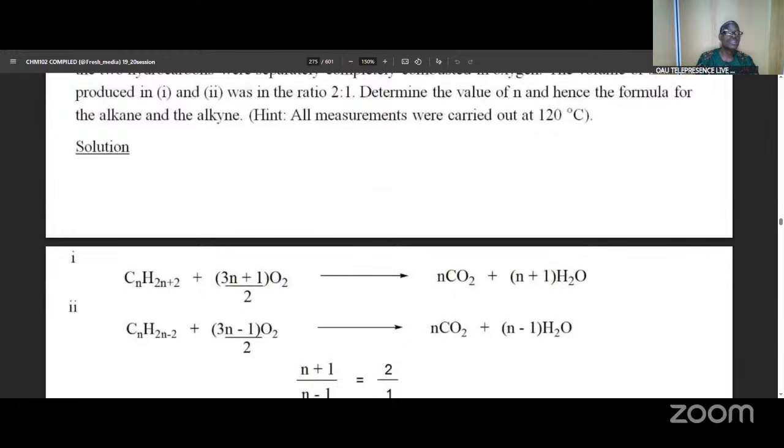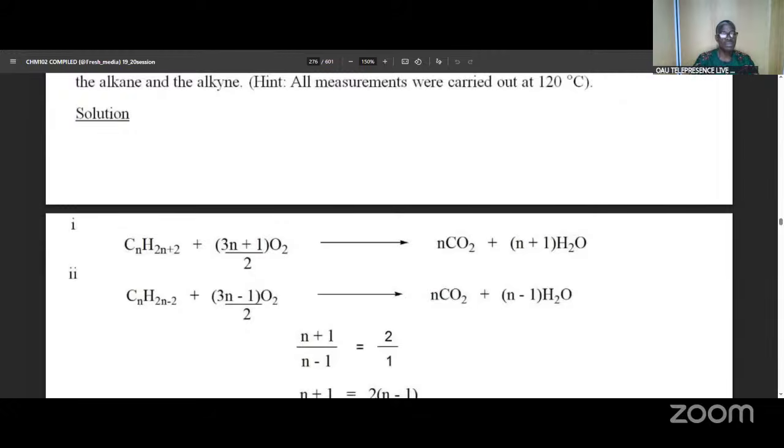Now, let's go straight to solve this. Of course, the general formula for an alkane is CnH2n plus 2, which we all know. And for an alkyne, which is a triple bonded hydrocarbon, it is CnH2n minus 2.